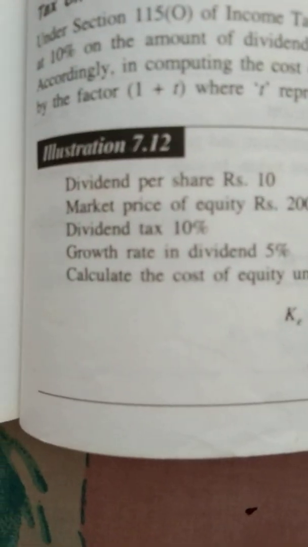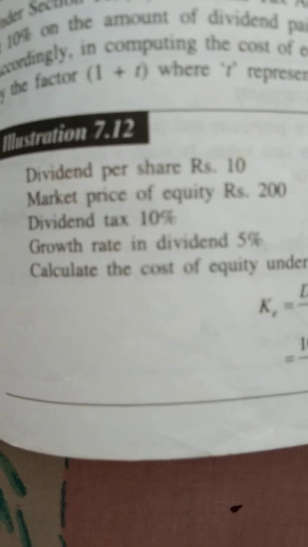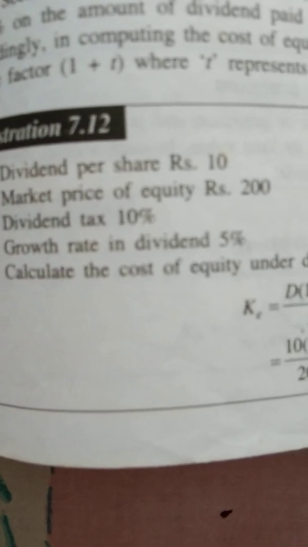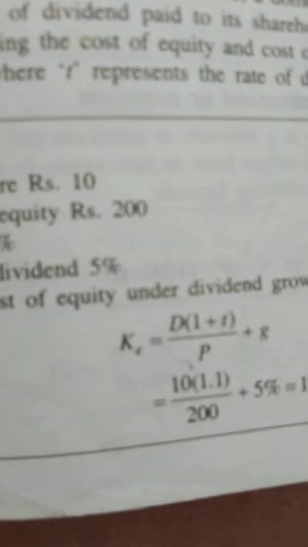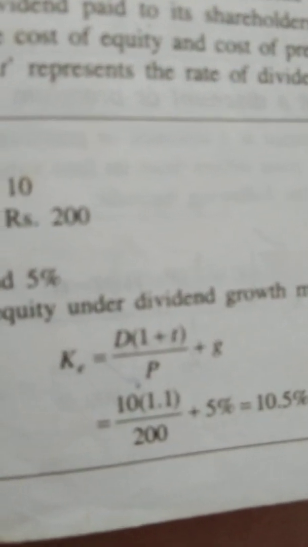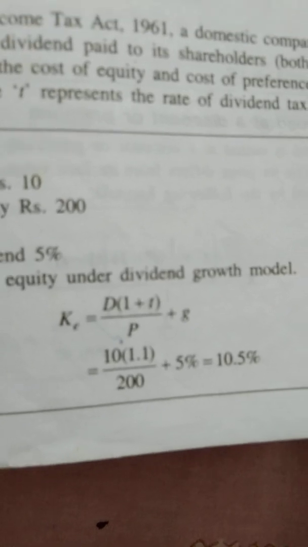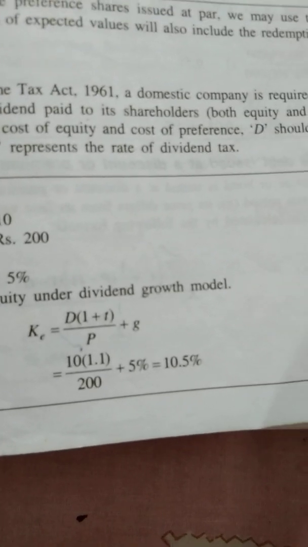If you look at this sum, dividend per share 10, market price of equity 200, dividend tax is 10%, growth rate in dividend 5%. In that case you have to adjust the tax. The formula is Kd equals D(1 plus T) by P plus G. Now we move on to the debt capital.